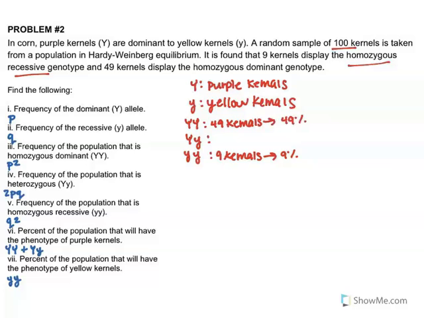I'm actually going to do the opposite, and I'm going to start with the genotype frequency equation first. P squared plus 2PQ plus Q squared equals 1.